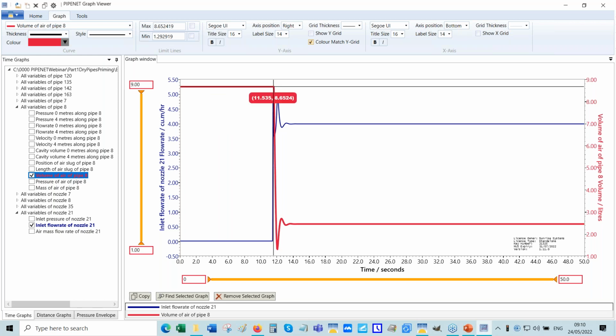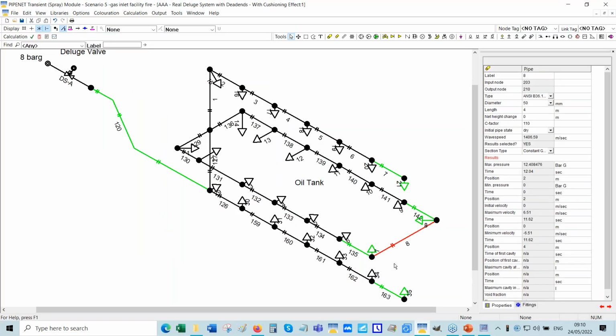But when the system starts discharging fully, the volume goes down. Why? Because the air gets trapped in this pipe, and when the pressure increases, it gets compressed. See, that's a feature of dry pipe 2. It can model things like this.